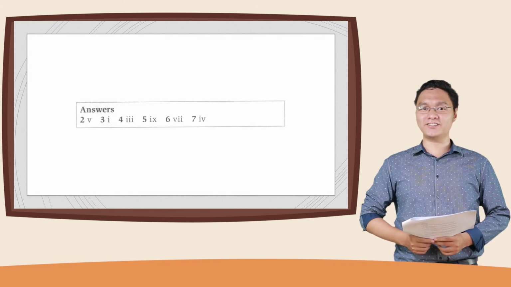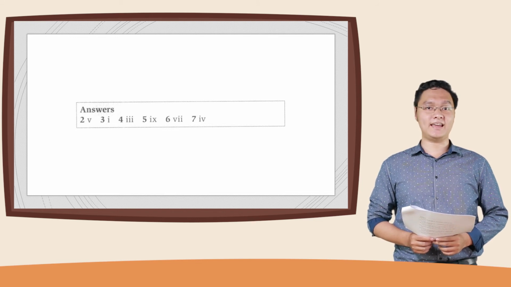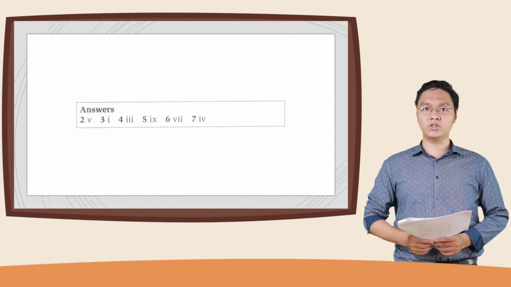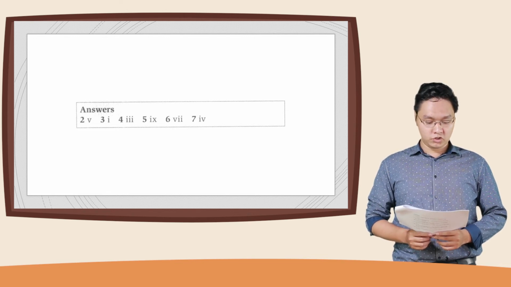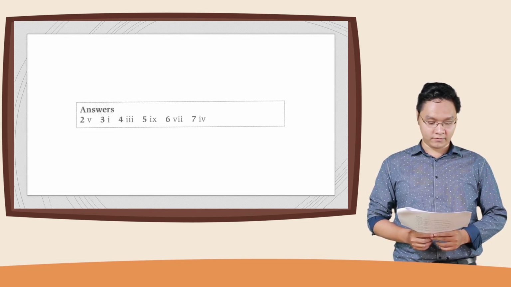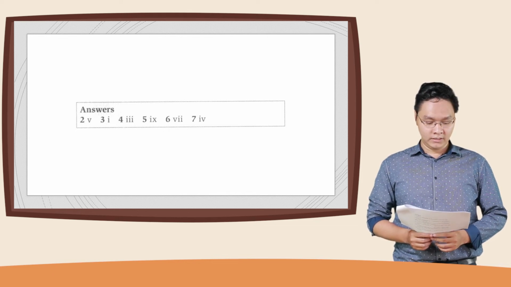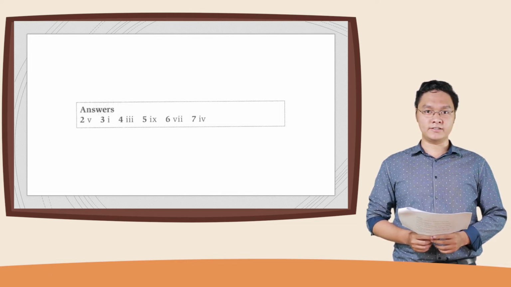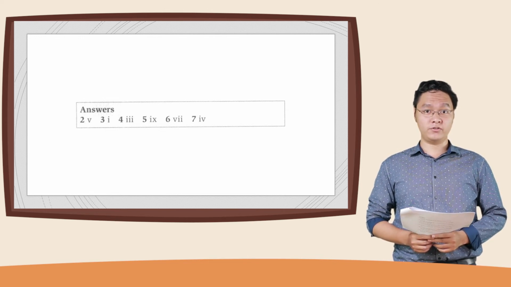Alright, have you finished? So let's take a look at the answers for the matching heading tasks. Please take a look at the screen. So question number 2, the answer is 5. Number 3, the answer is 1. Number 4, the answer is 3.